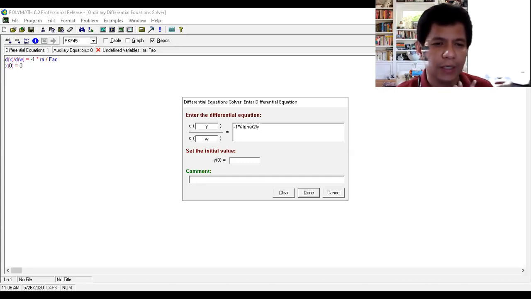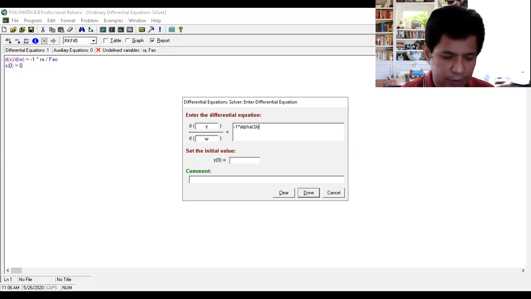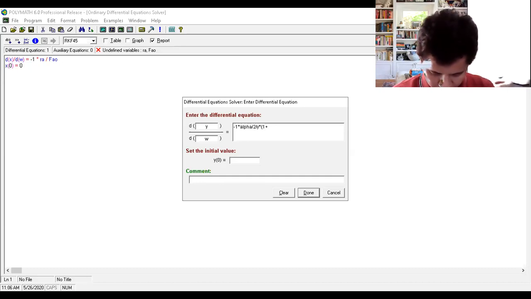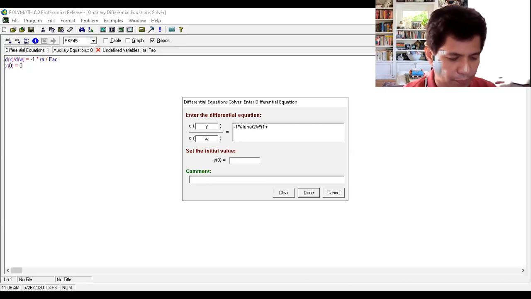So y is the ratio of the pressures, P over P sub O. Tapos times, so that would be star, tapos 1 plus epsilon, so just type in Eps, times the conversion X.